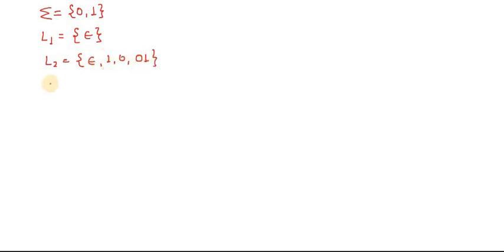Suppose that I define 3 languages over alphabet 0, 1. Language 1 is epsilon, language 2 is epsilon, 1, 0, 0, 1, and language 3 is epsilon, 0, 1, 1, 1, 0, 0, 0, 1, 1, 0, and so on.